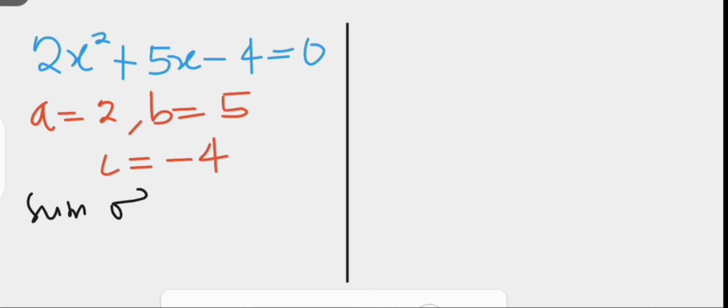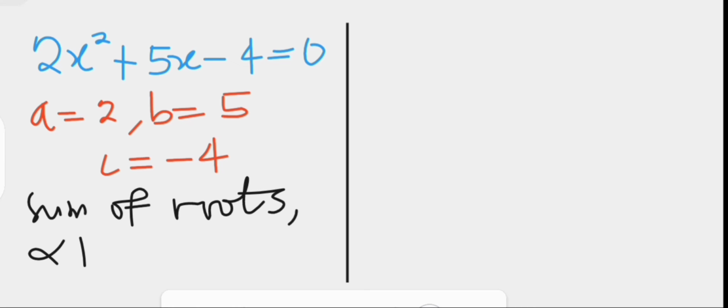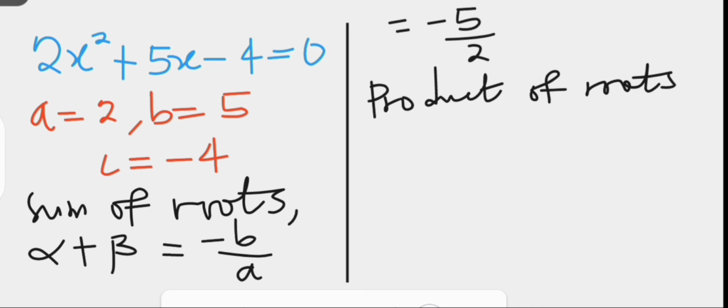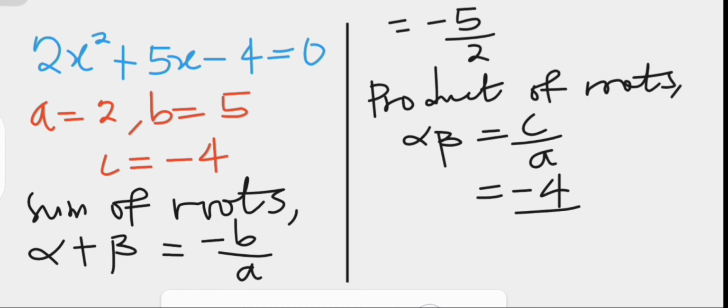Therefore, the sum of roots, which is alpha plus beta, is minus b over a, and that is minus 5 over 2, while the product of roots, that is alpha beta, is c over a, and that is -4 over 2, which is minus 2. So the sum of the roots is minus 5 over 2, while the product is minus 2.